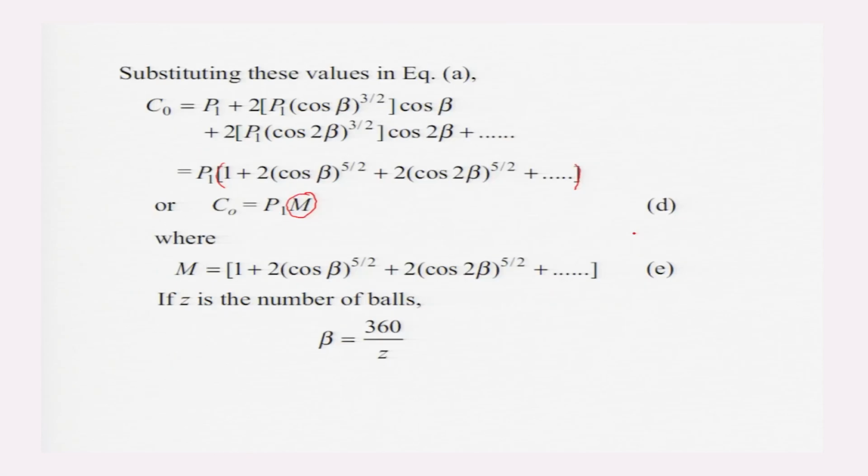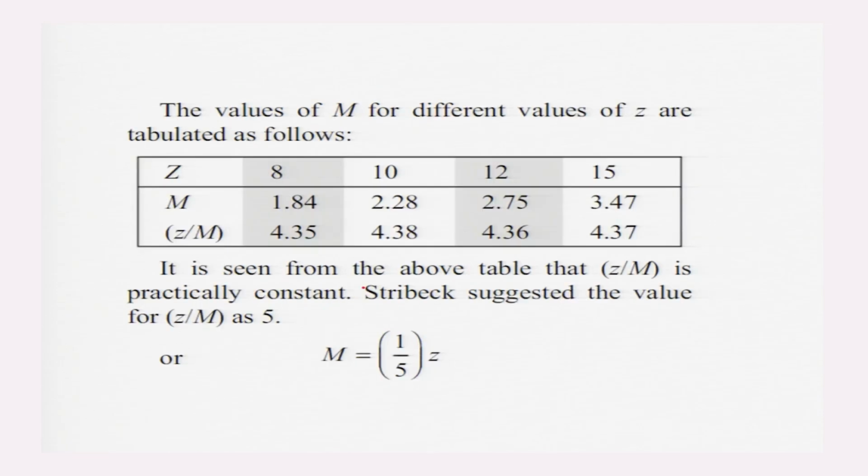Now, we have found C0 in terms of P1 and m, and β is this one, so we have a relation between m and Z. It is seen from the above table that Z divided by m is practically constant, 3.45, 4.38, 4.36, 4.37.